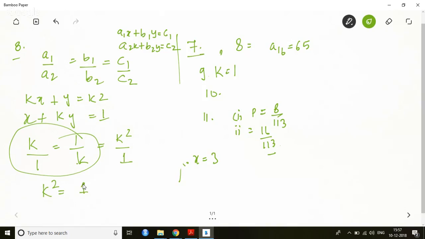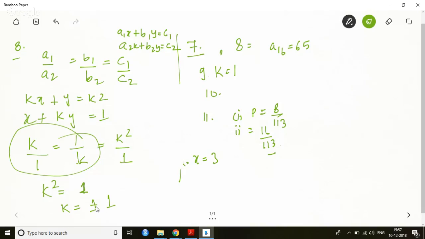So if k square is 1, k would be how much? K can be either plus or minus 1. So I will check if I keep minus here.